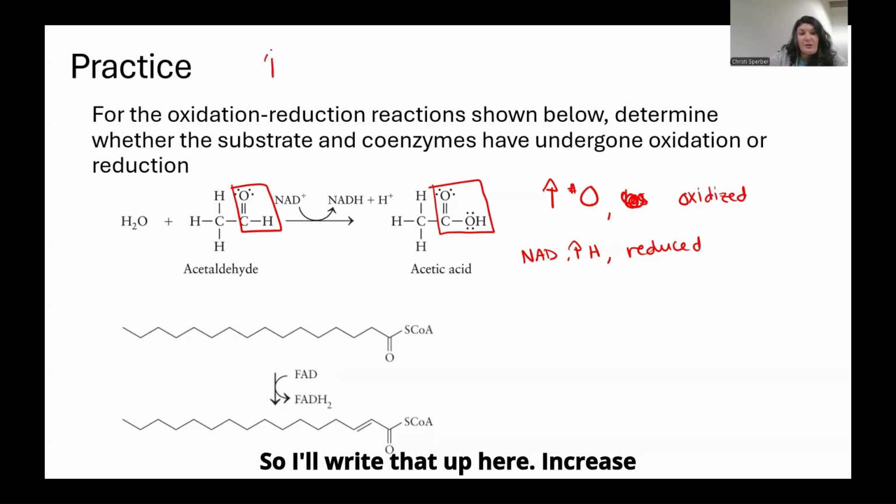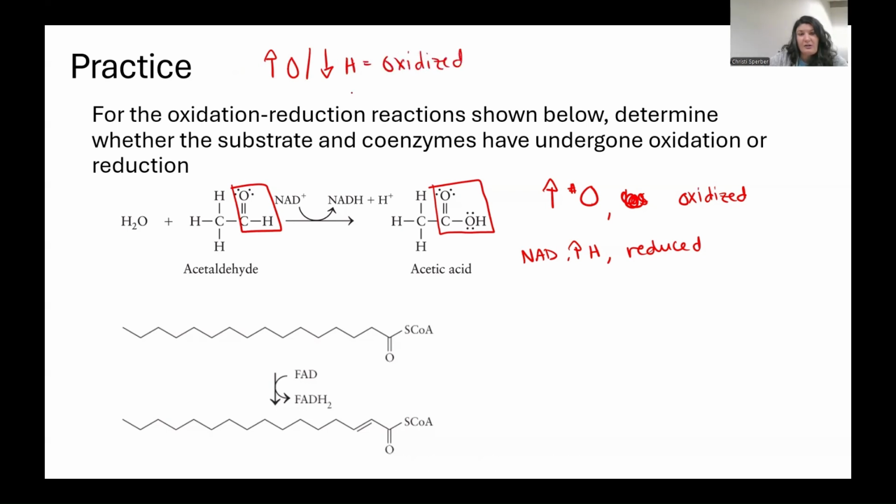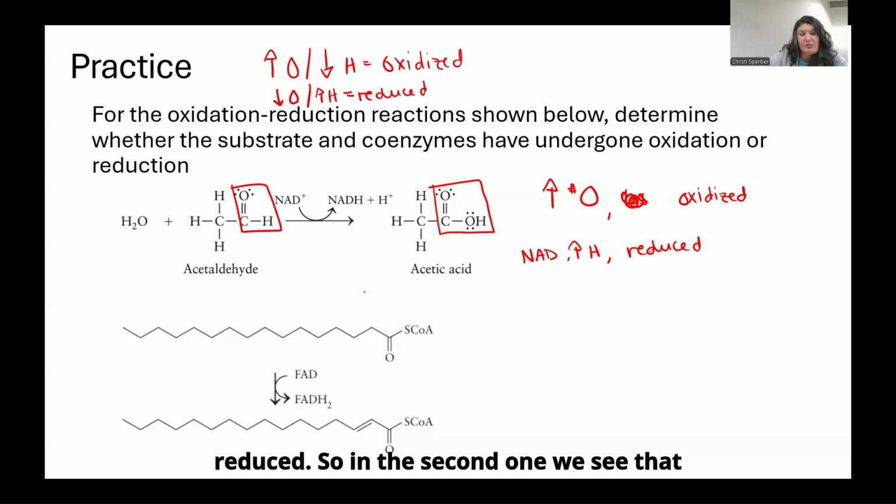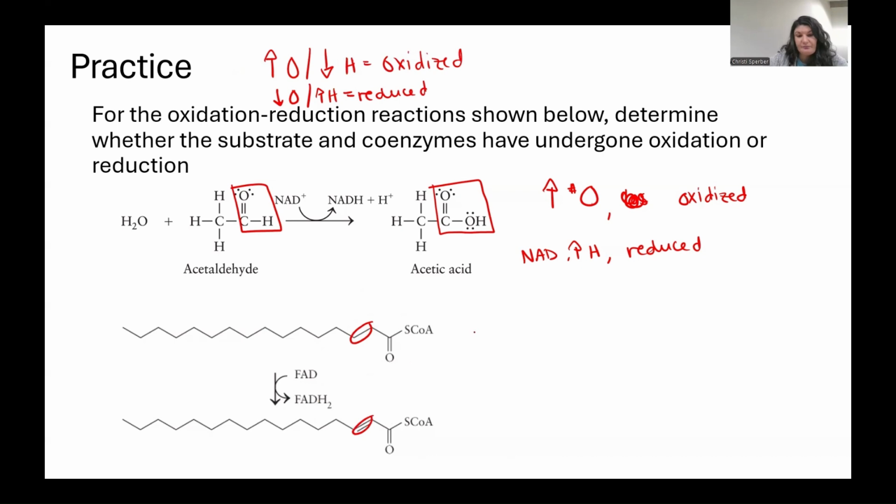So I'll write that up here. Increase oxygen, decrease hydrogen, it's oxidized. Decrease oxygen, increase hydrogen, it's reduced. So in the second one, we see that we go from a single bond to a double bond, and we write our hydrogens out.